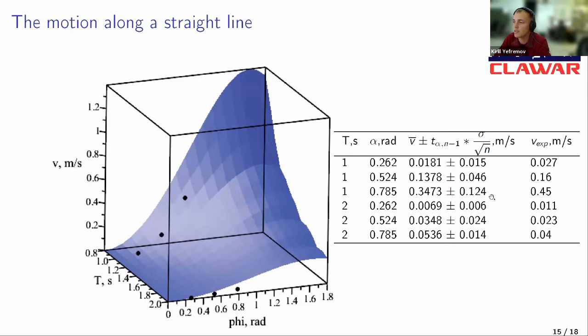As you can see in the table, for the period of motion we use 1 second and 2 seconds, and for amplitude we use 15 degrees, 30 degrees, and 45 degrees.